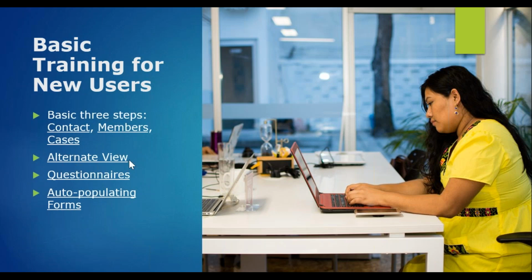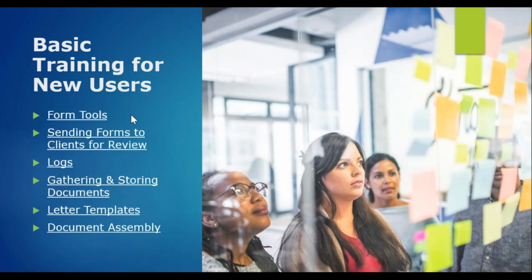You can use the alternate view. Or we're going to cover how to send questionnaires and how to accept them so the data can auto-populate your forms. I'm going to cover the form tools and how to use a couple of shortcuts and tricks to save you time. In case you need to send the form for clients to review, I'll cover that.